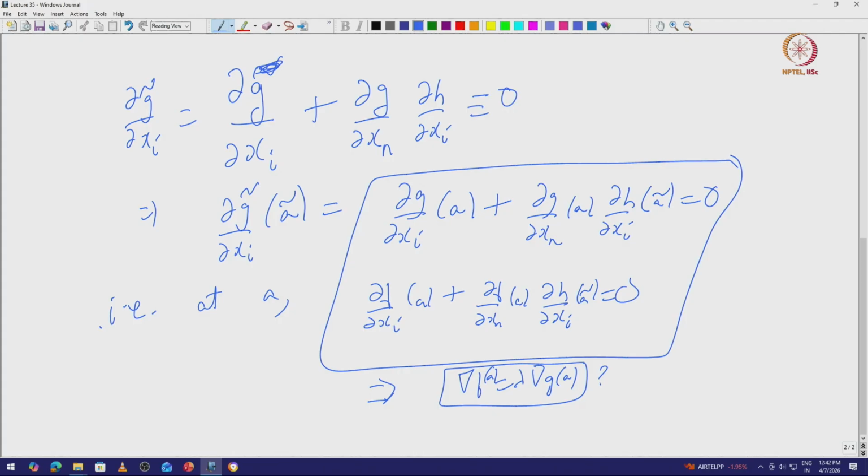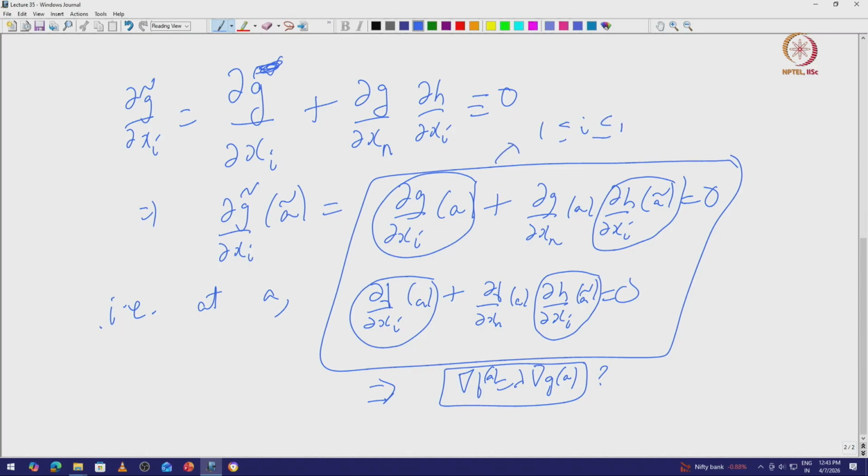Why is that so? Basically df/dxi is proportional to dh/dxi. dg/dxi is also proportional to the same vector. Mind you, all of these are for i between 1 and n minus 1.